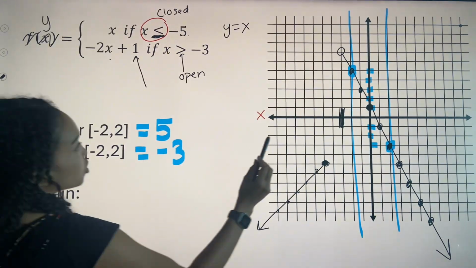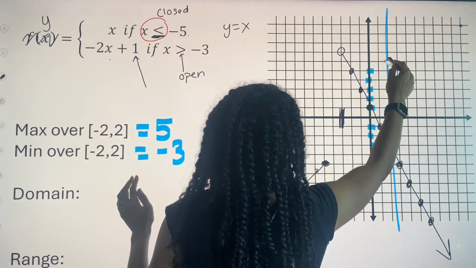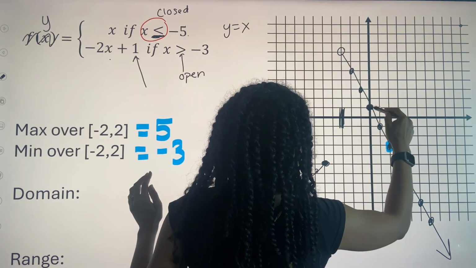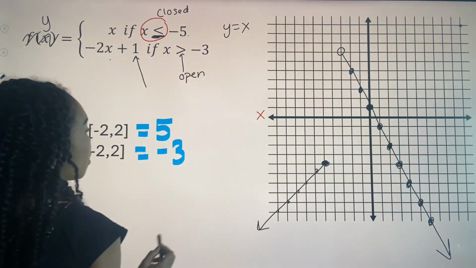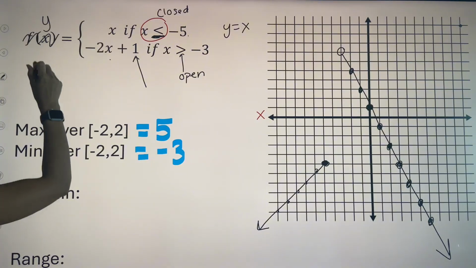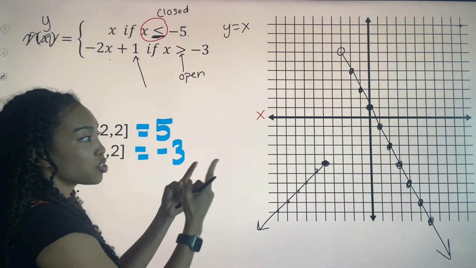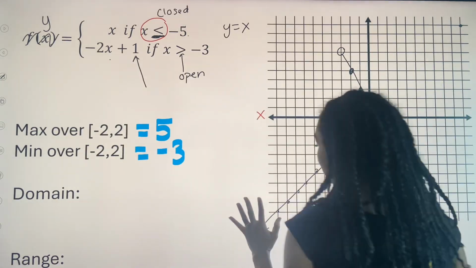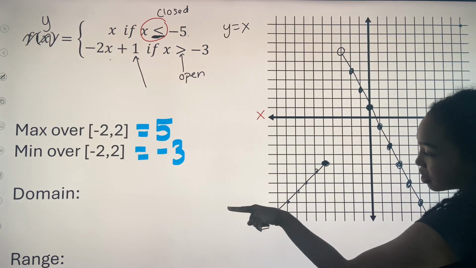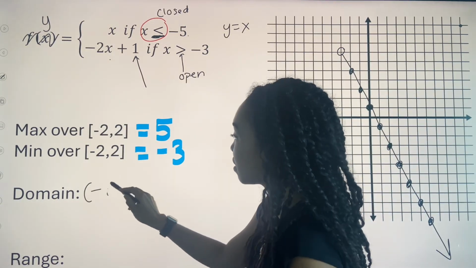Now let's talk about domain and range. Okay, so your domain, you always read it from the left to the right. So here's the left side of the graph, and it's pointing to the left. So that's negative infinity.